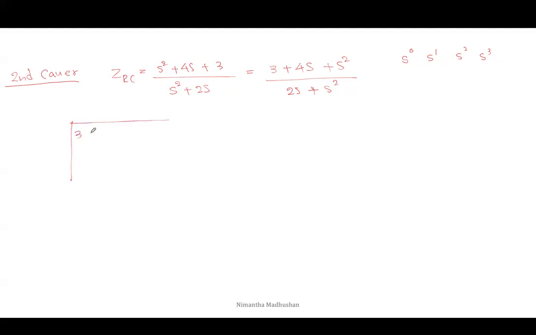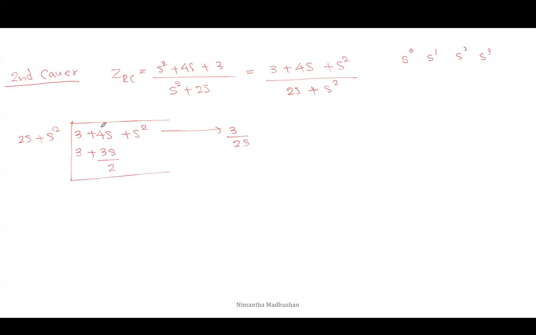The numerator is 3 plus 4s plus s squared, and the denominator is 2s plus s squared. For this one, the answer will be 3 over 2s. Then I multiply this by this, and I get 3 plus 3s over 2.